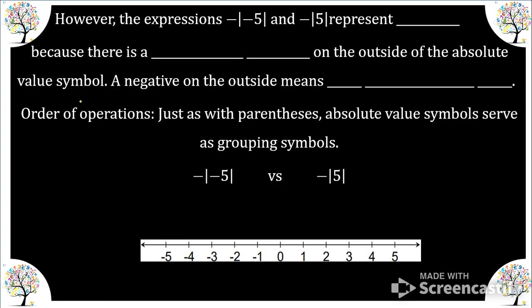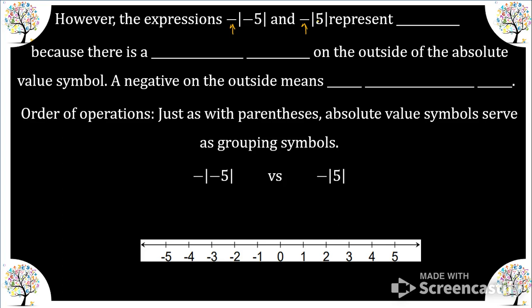Now let's look at something where we need to be very careful. These two problems are different than the previous ones. Notice there is a negative on the outside of the absolute value of -5 as well as +5.